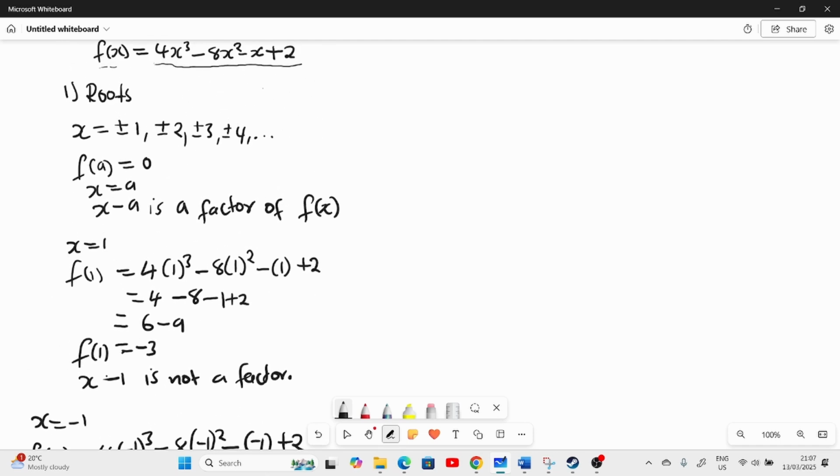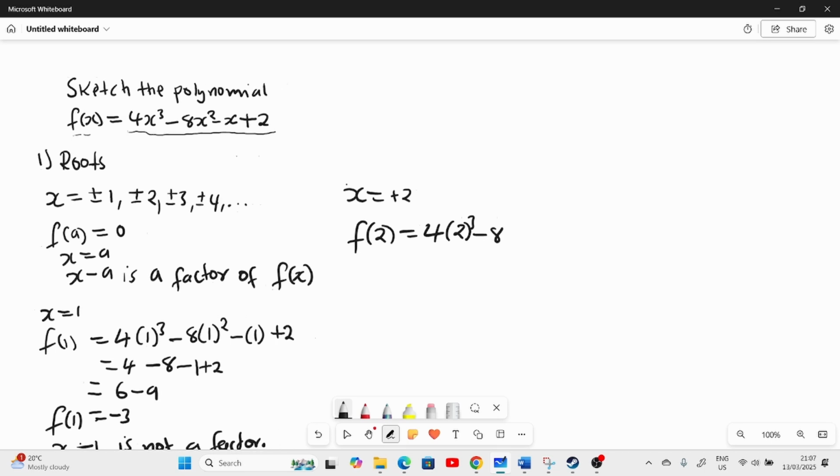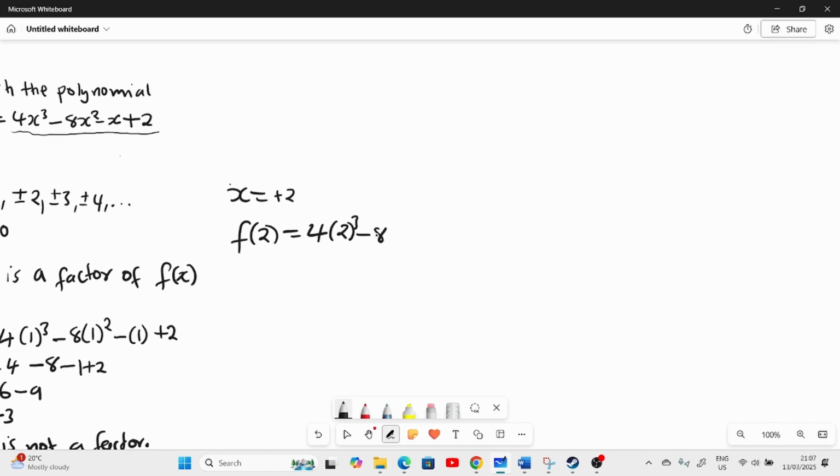Let's try, suppose x is equal to positive 2, so we check again. f of 2 will be equal to 4 times 2 cubed minus 8 times 2 squared minus 2 plus 2.